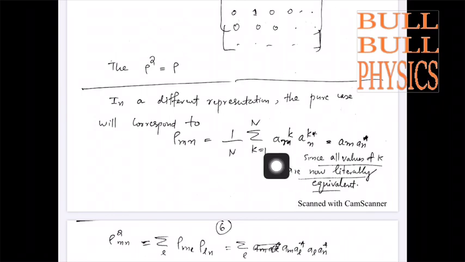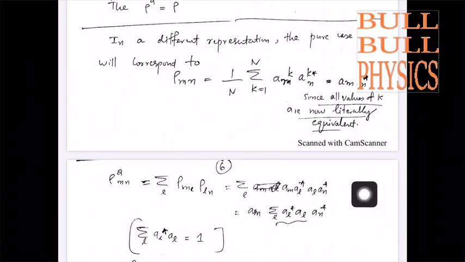As we take the average, this is actually taking the ensemble average of this quantity. k equal to 1 to n means we are summing over all systems in the ensemble. So this will be equal to a m a n conjugate, because this value will be the same for all the systems, since all values of k are now literally equivalent.